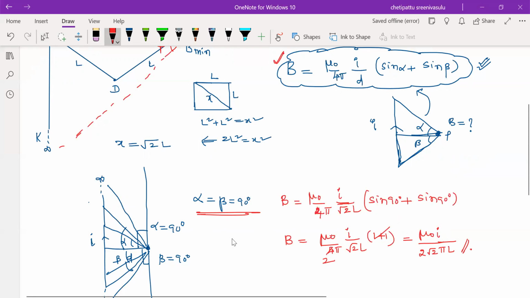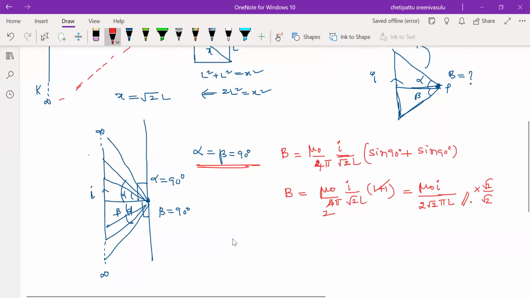Or you can simplify with root 2, multiplying and dividing with root 2, and one more simplification you can do. Finally, the magnetic field will be root 2 mu naught I upon, root 2 into root 2 is 2, 2 into 2, 4 pi L.